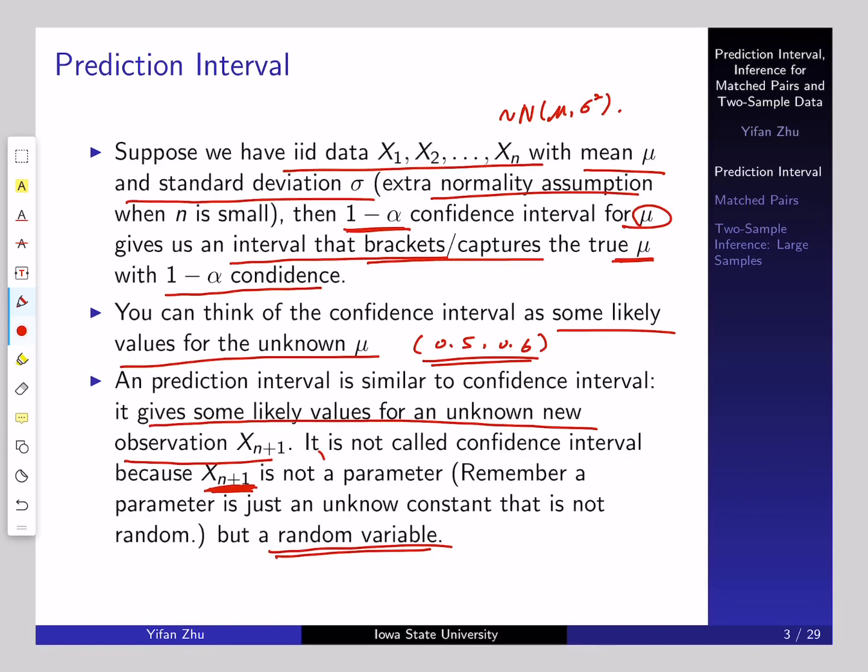And remember, a parameter is unknown, but it is a constant, so it is not random. So there is a very big difference between the prediction interval and the confidence interval. The confidence interval is for some unknown constant, which we call a parameter, and the prediction interval is for some unknown random variable, some unknown new observation.